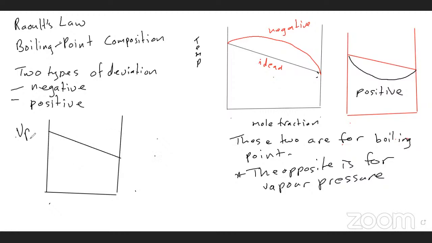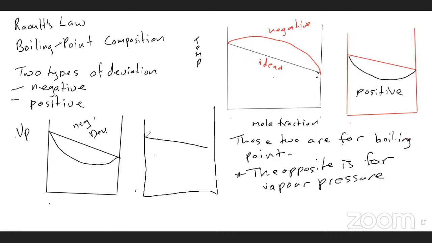I'm just putting VP for vapor pressure. This is negative deviation. And this is positive deviation.